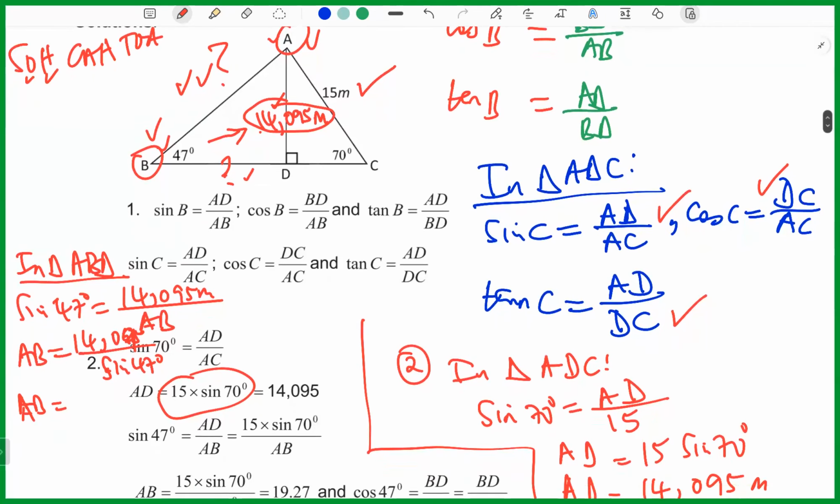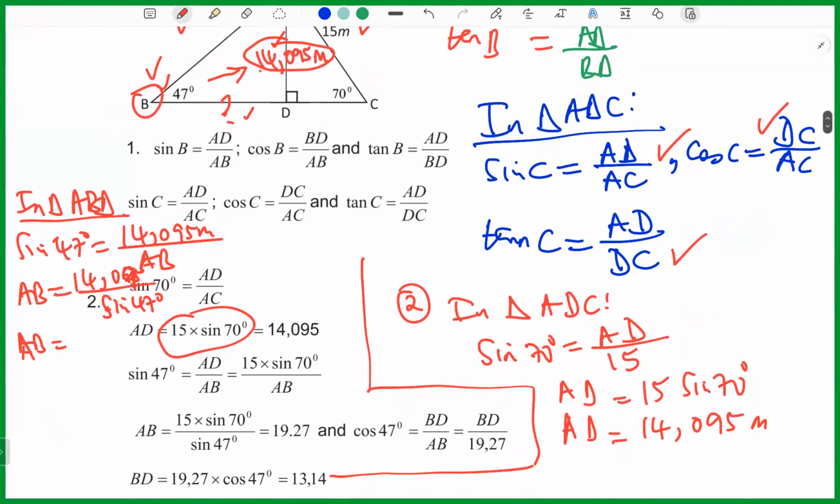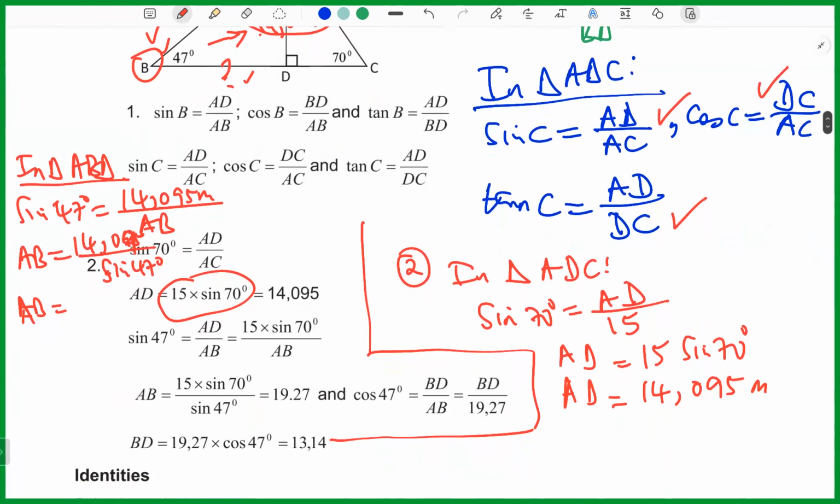Now, if you look very carefully, that is going to give us AB. So we can get AB that way. What does that give us?